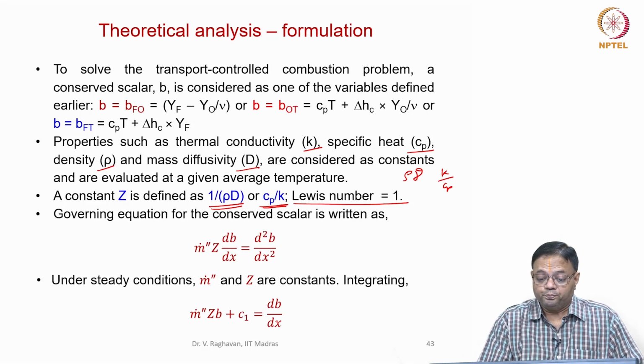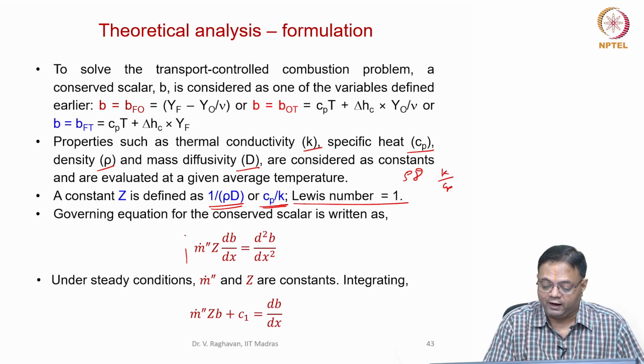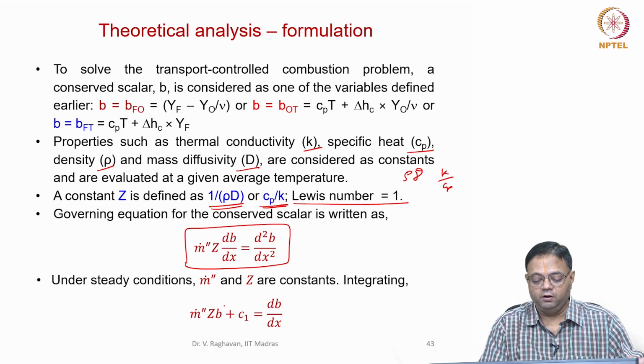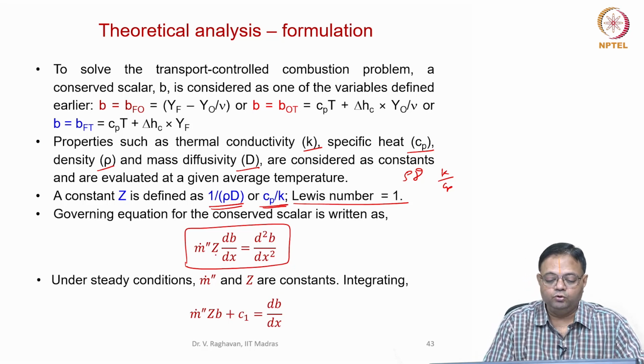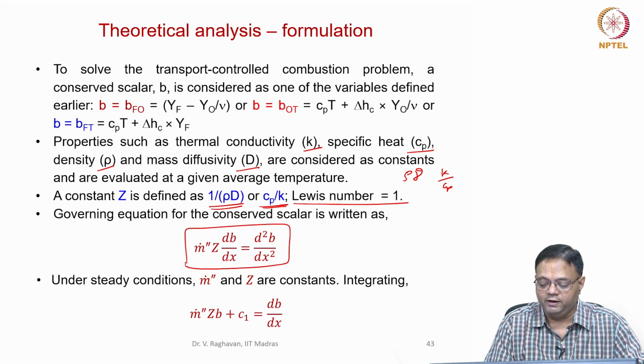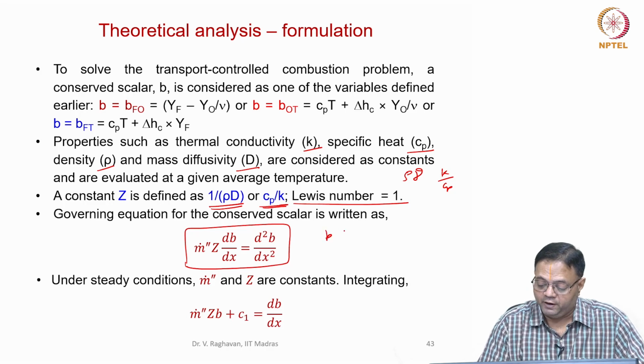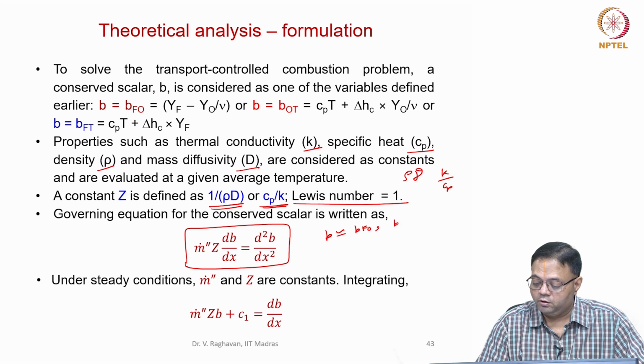Okay. Now Z is defined as 1 by rho D or C_p by k. So I can write an expression for the B variable as mass flux into either 1 by rho D or C_p by k into dB by dx equal to d square B by dx square, where B can be B_FO or B_OT or B_FT, anything.